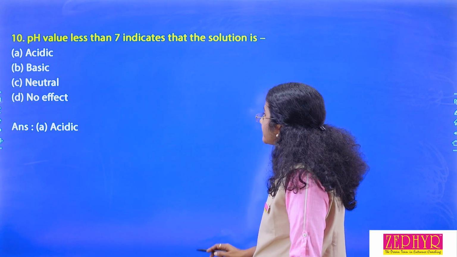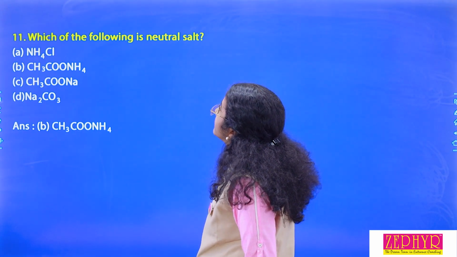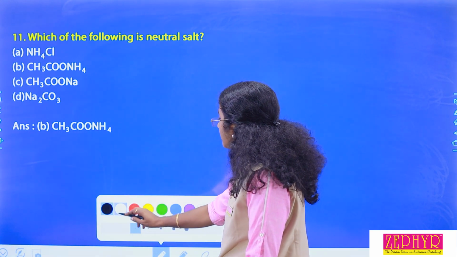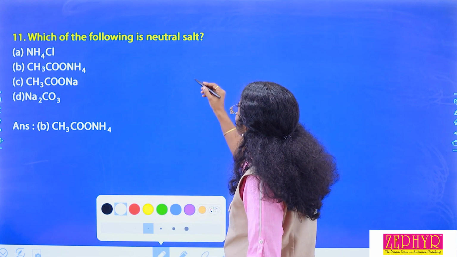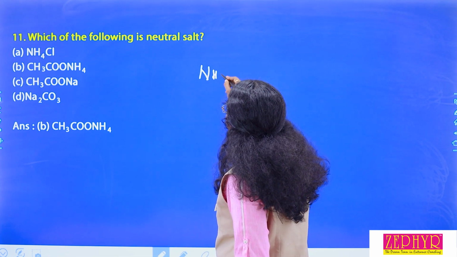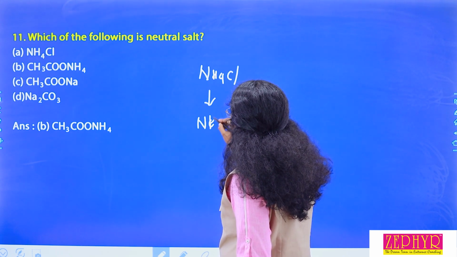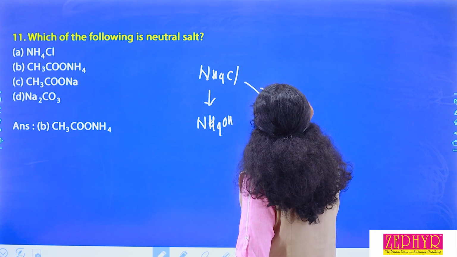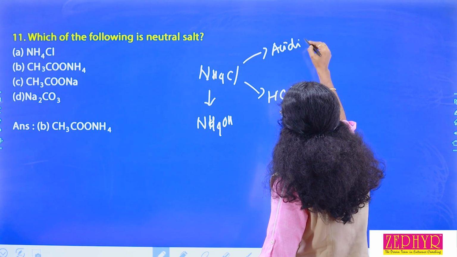Then next one, which of the following is a neutral salt? Salts are formed from acids and bases, right? Ammonium chloride: the base is ammonium hydroxide and the acid is HCl. This is an acidic salt.